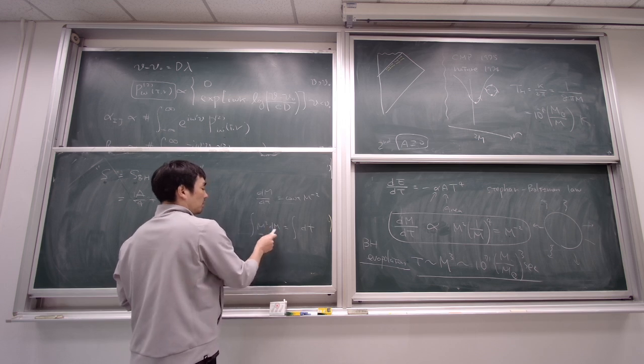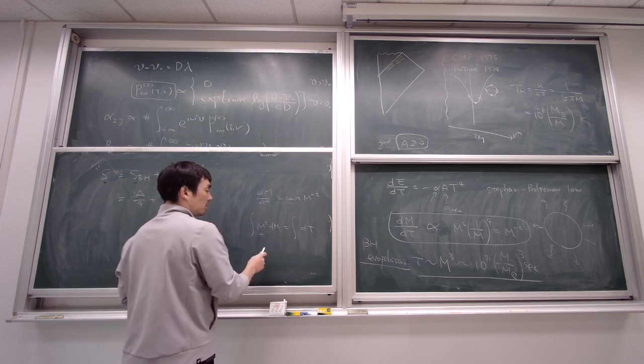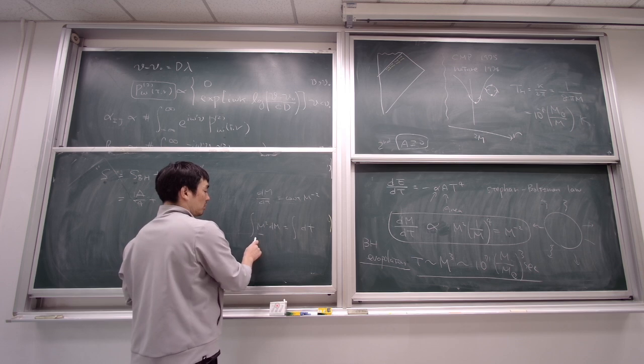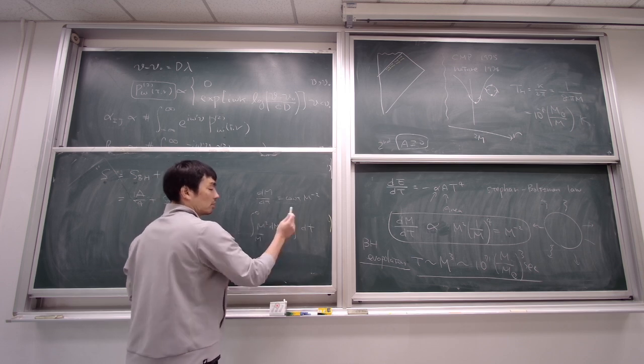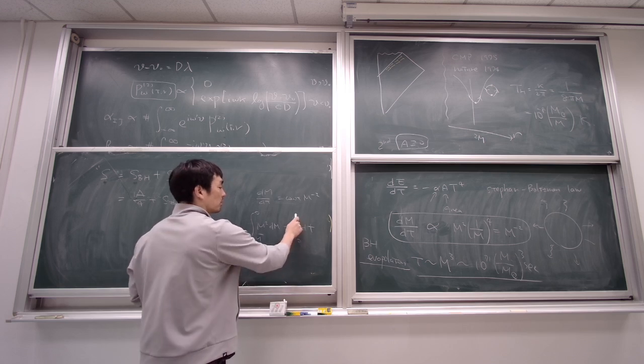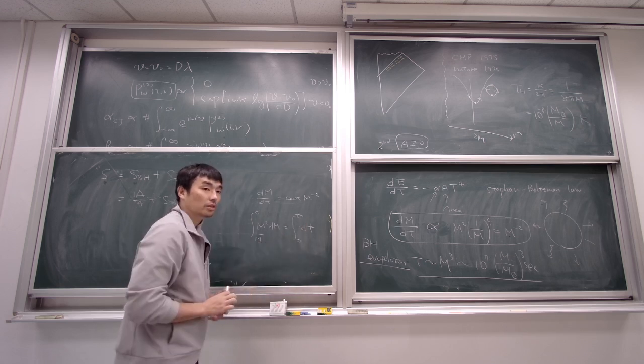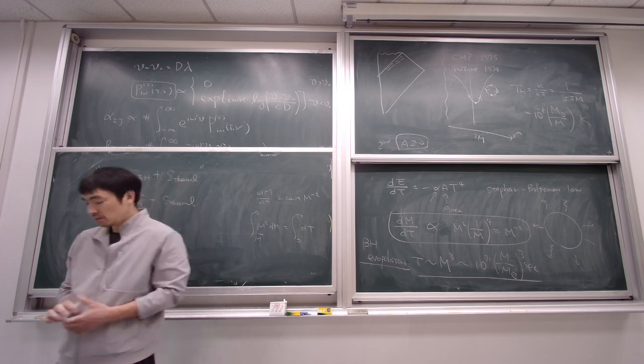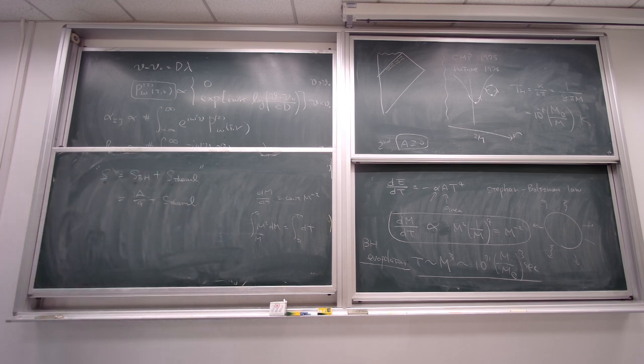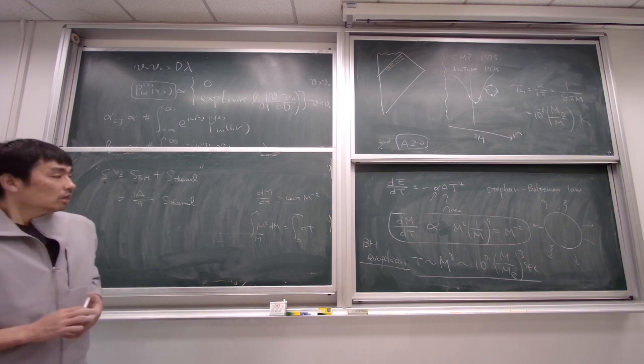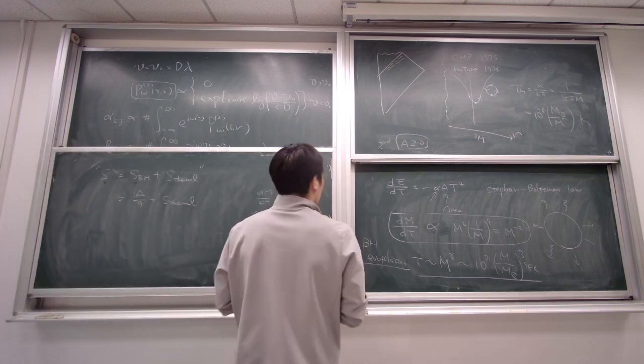The mass goes from m to 0, and t goes from 0 to some number, t star. That will give you t to the cube. Okay, so that's the case.